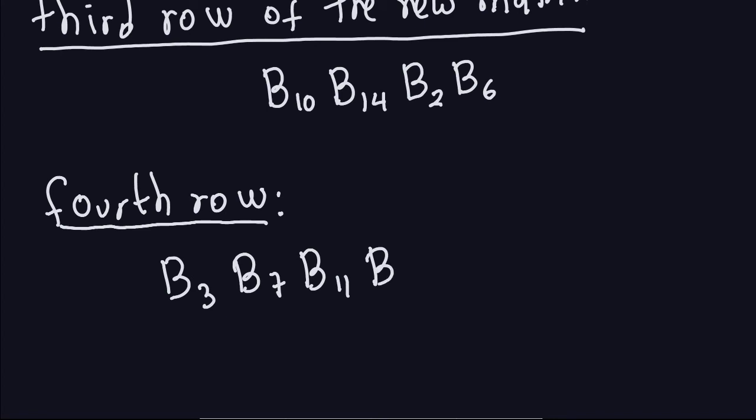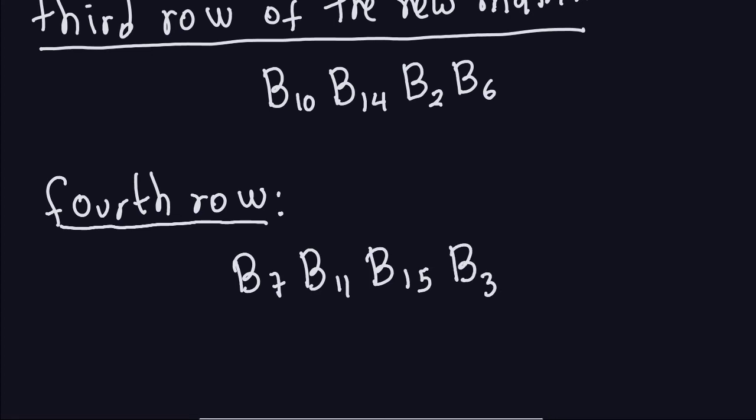That is the original, the last row of the original matrix. Because it's the last row, I have to do 3 shifts. So I will have to move 3 bytes. First I'm going to move the B3. I'm going to erase it from here and move it to the end. So it's going to be B3.